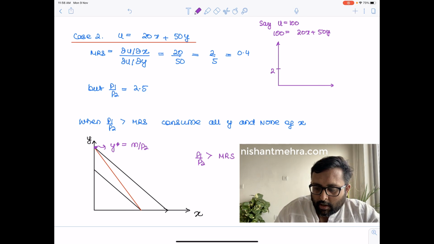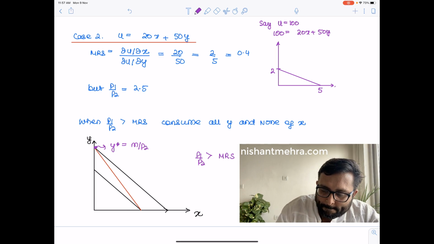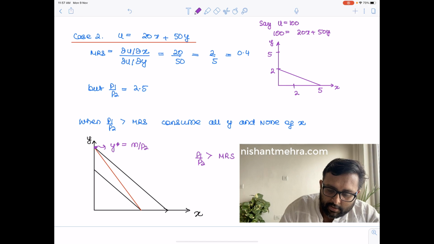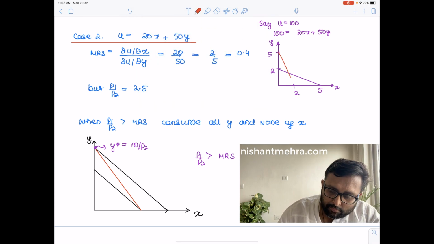When y is 0, 100 equals 20x, x is 5. Right, beta? And if I want to draw the indifference, the budget line has a slope of 2.5, 5 upon 2.